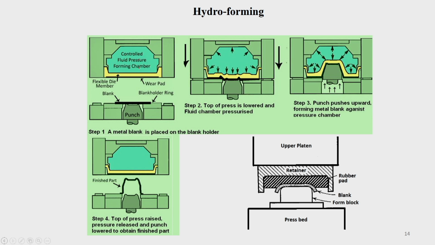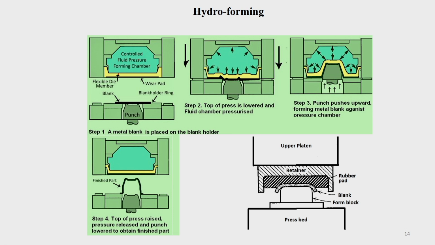pressure forming chamber. This will have a flexible die member, which may be synthetic rubber. Okay. This flexible die member is made of synthetic rubber, and there is a wear pad also, so that this rubber will not get worn off.